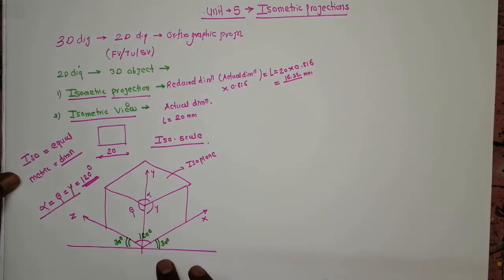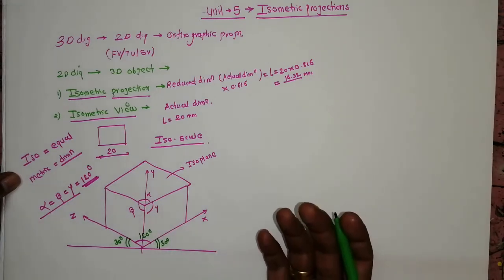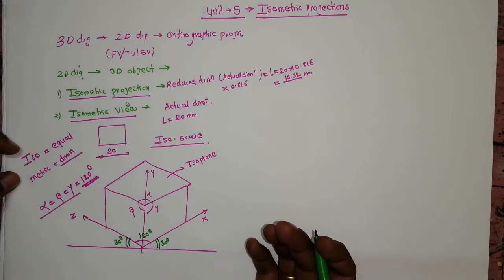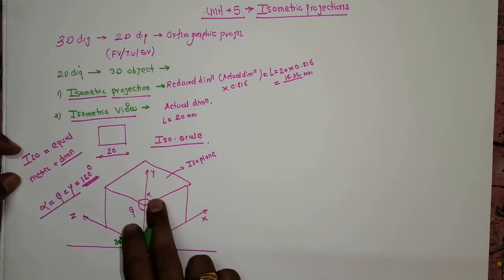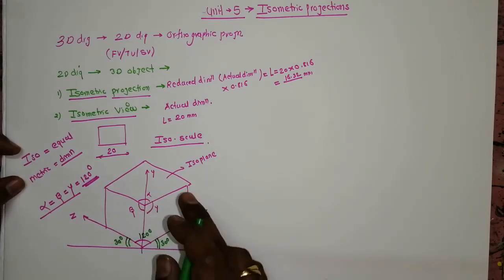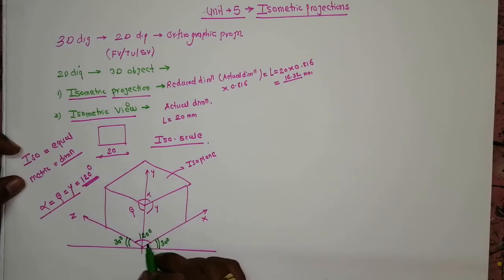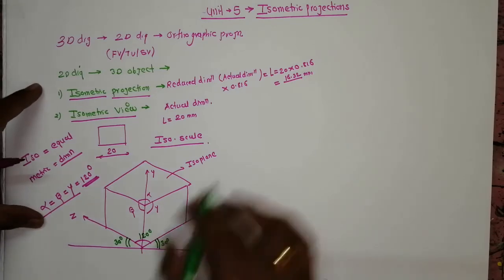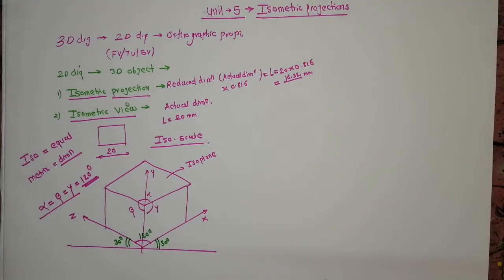This is the answer for the question generally asked in interviews: why are we taking a 30-degree angle in isometric view or isometric projection? Because the included angle between the axes is 120 degrees, so the remaining angle here and here comes out to be 30 degrees. So this is the introduction regarding isometric projections.